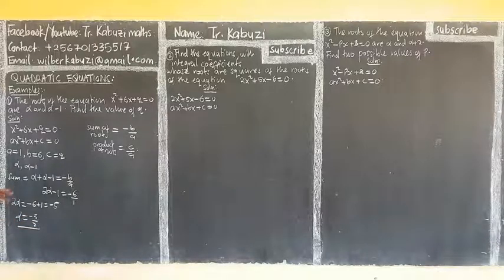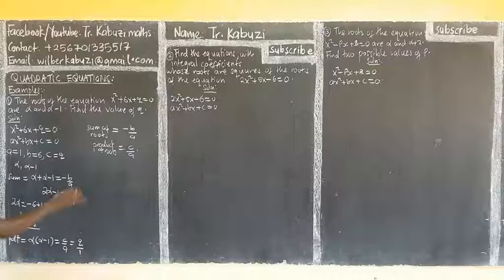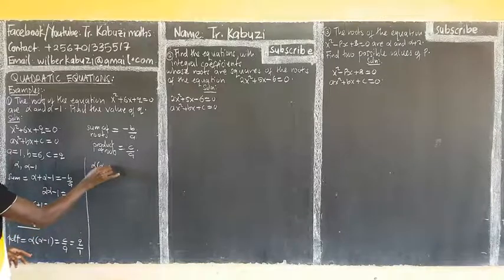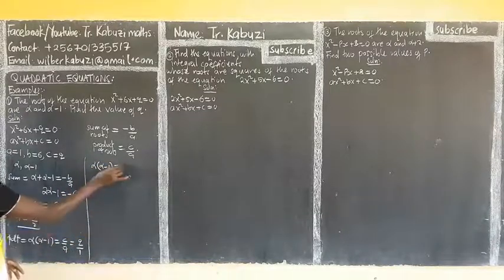Then I also get the product. The product of these two roots is always c over a. What is now my c? You can see from here, my c is q over a, which is 1. So the product is alpha into alpha minus 1 equal to q.